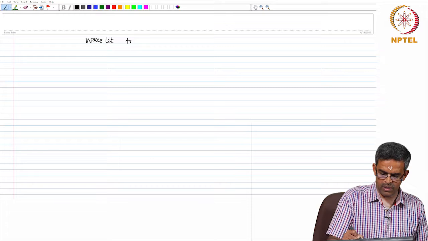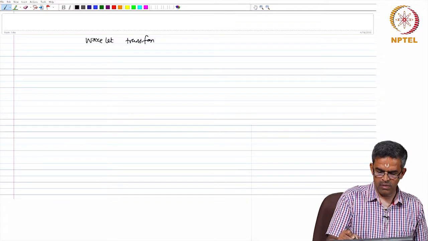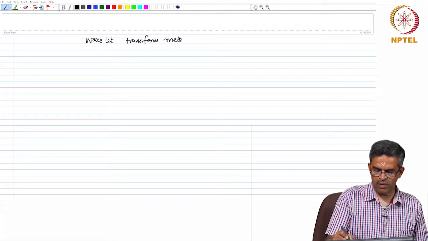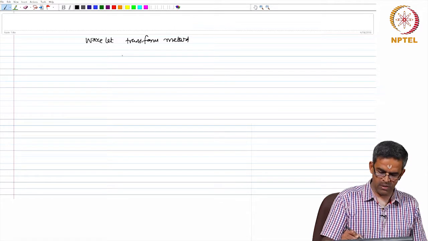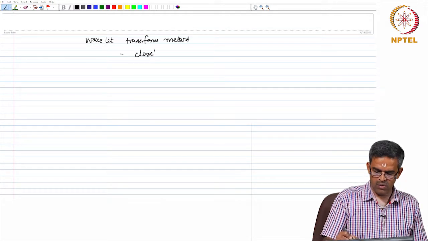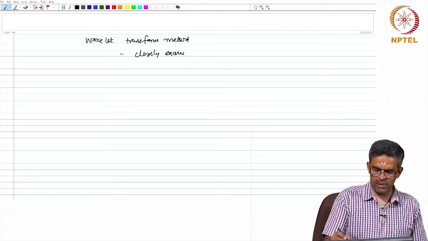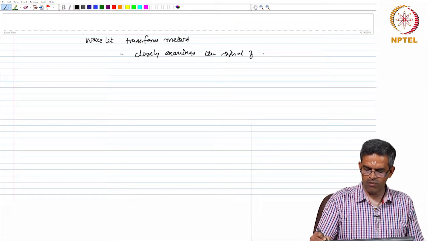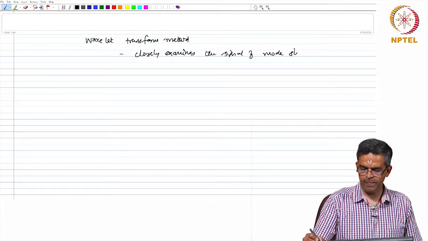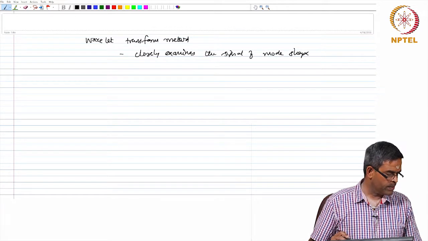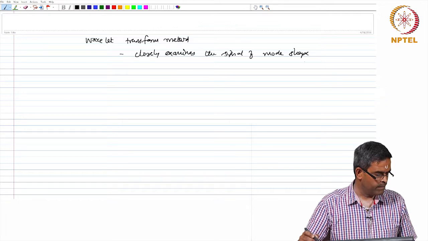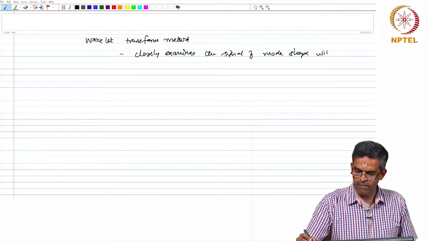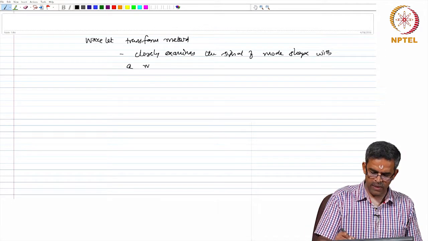Wavelet transform method for advanced signal processing. Wavelet transform method closely examines the signal of mode shape with multiple scales.